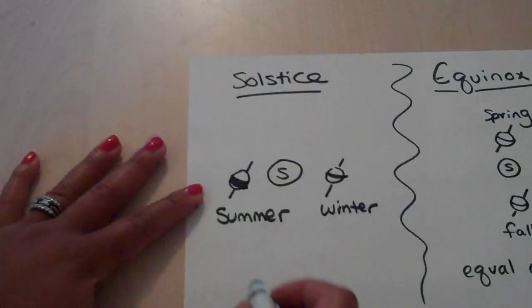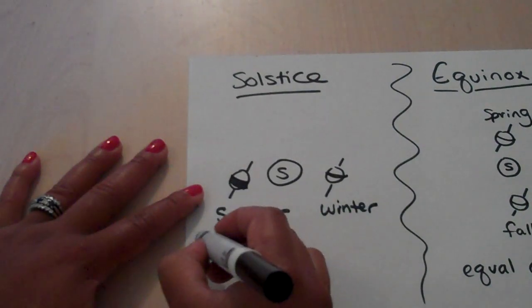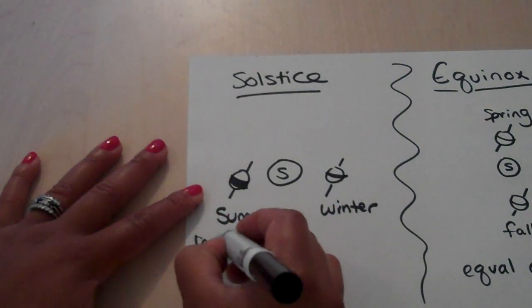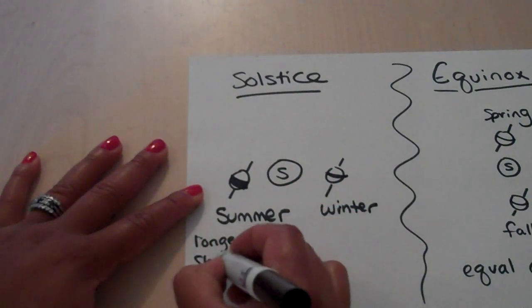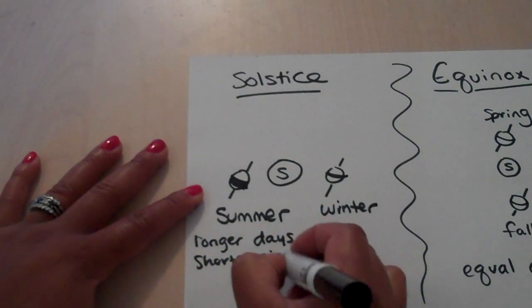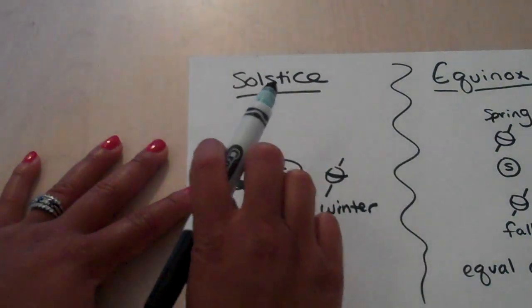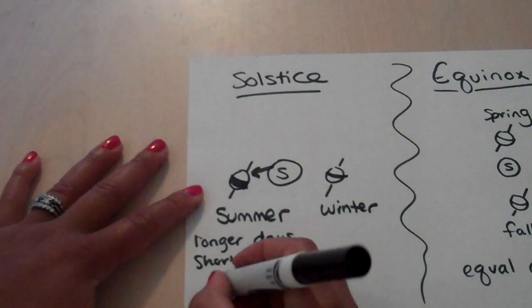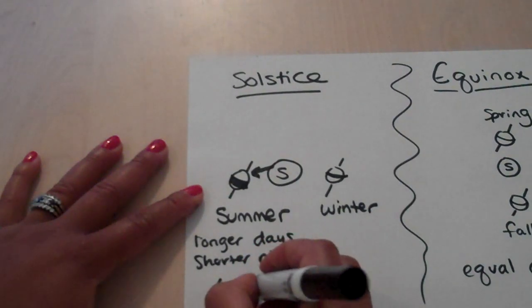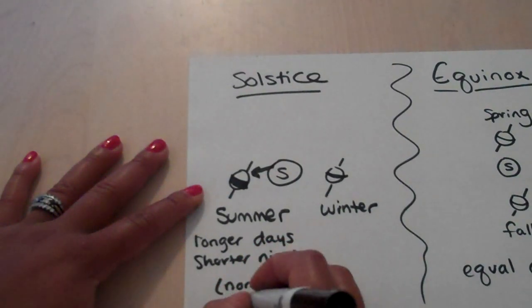For the solstice, summer will have longer days and shorter nights, because of the tilt and how much sun is going directly. Again, I forgot to mention, this is only for the northern hemisphere.